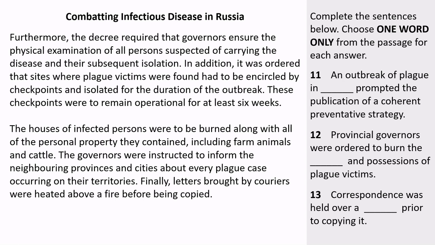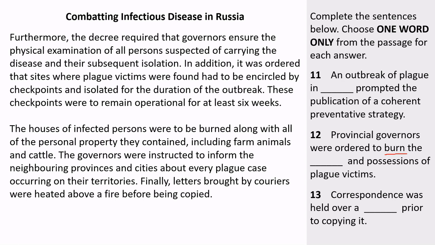The answer is going to come somewhere in here, but before we look for the answer, we want to choose our keywords. So the question says, provincial governors were ordered to burn. Governors is an okay keyword, but the word governor occurs about 5 times in the sections that we're looking at, so it's not so unique, but that word burn is super unique. You don't normally hear about people burning things, so it's something that sets this information apart.